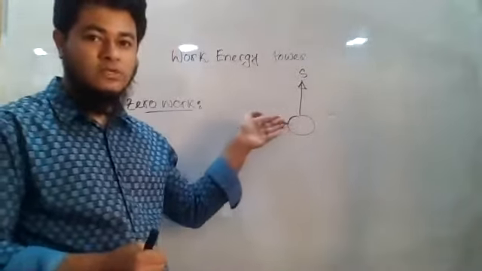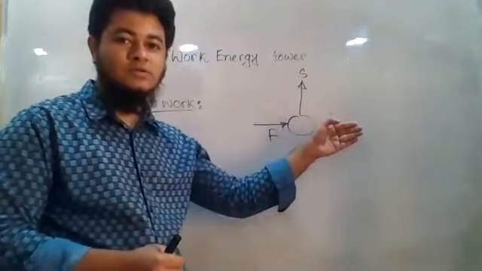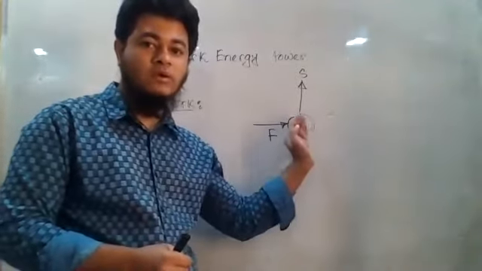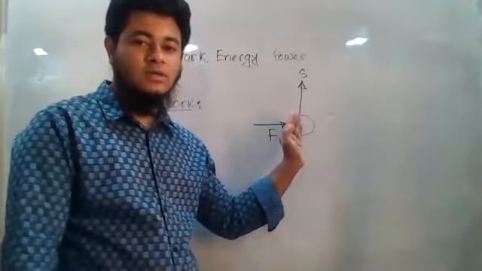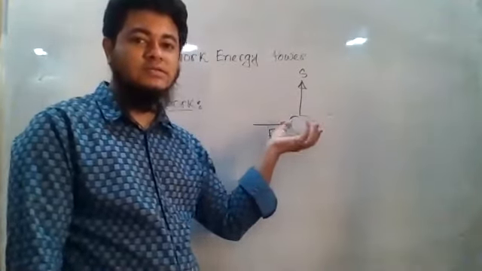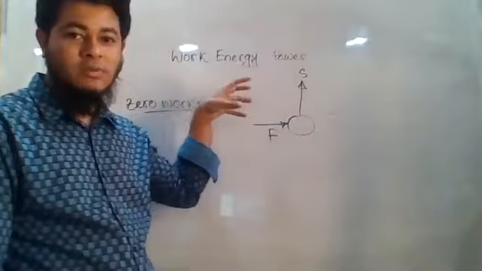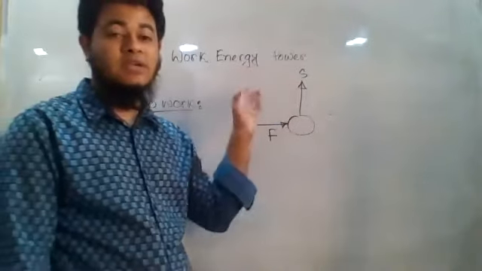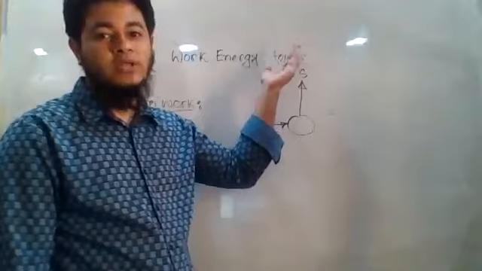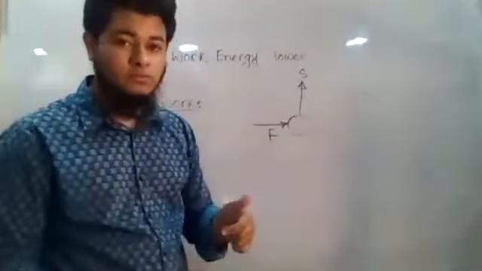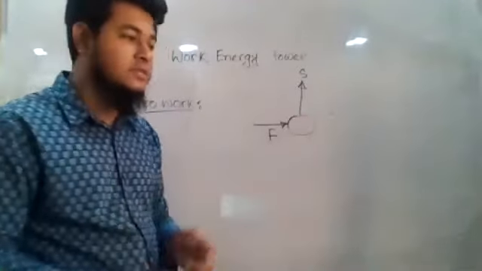You are applying some force in this direction, but it is not covering any portion of distance in this direction. It is just simply going in the upward direction. So you keep applying the force in this direction, but it is not having any effect on this body. It is going in the upward direction under the influence of some other force maybe. Okay, so this is the case.